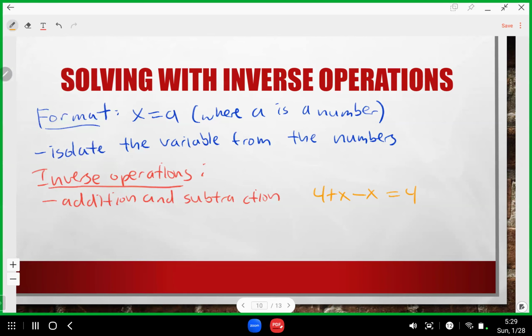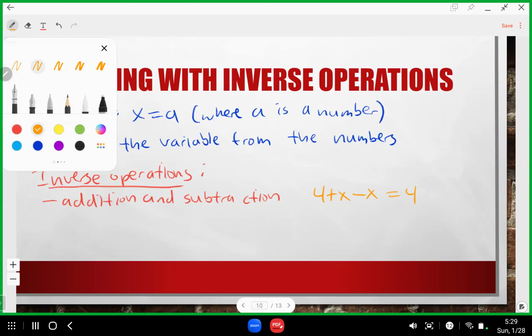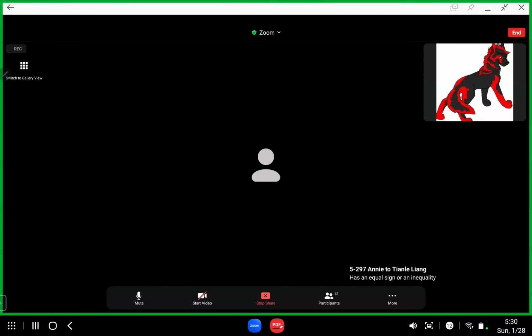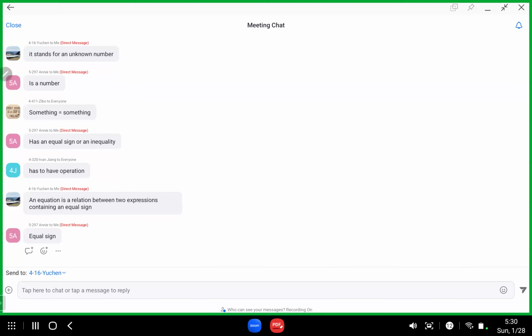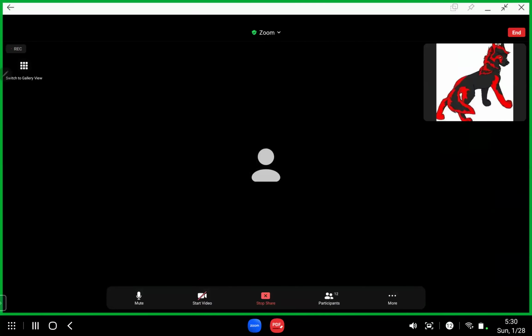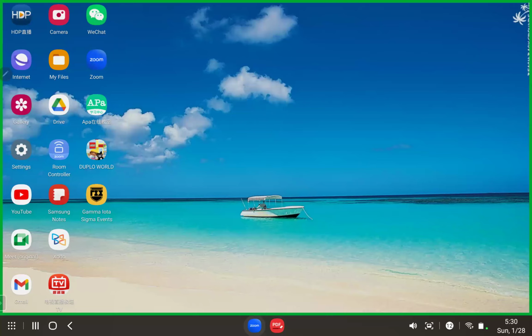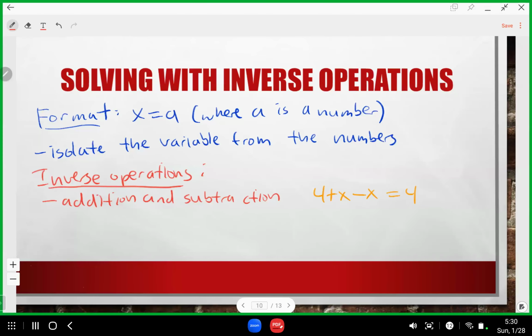Now that you kind of know what an inverse operation is, can you type in the chat and give me a couple more inverse operations, in pairs? Please type in the chat what you think are some pairs of inverse operations, things that cancel each other out.